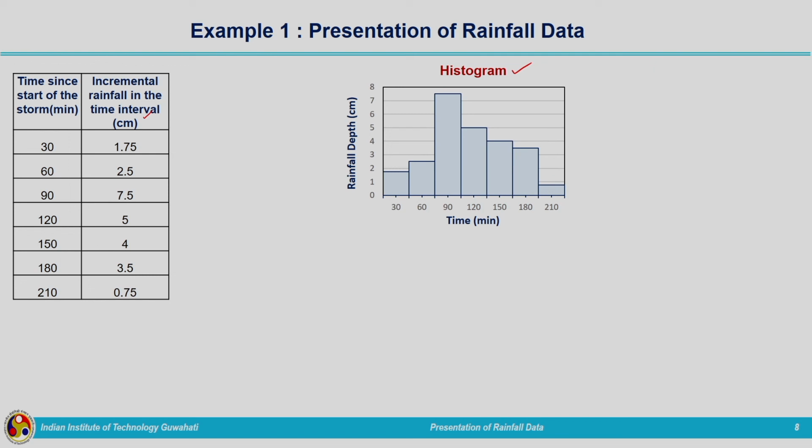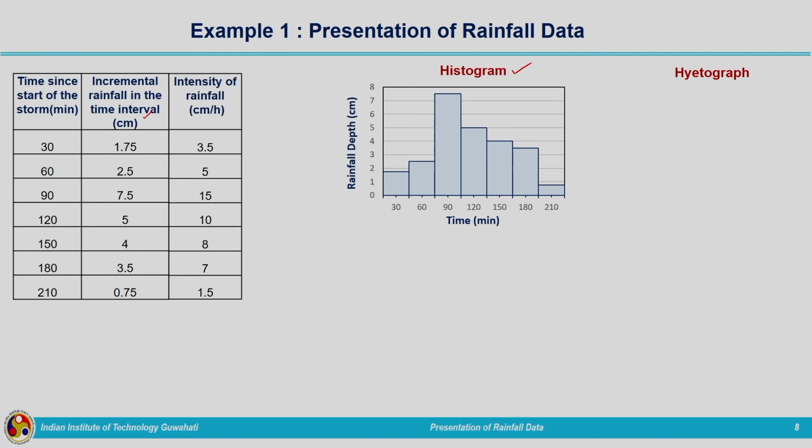Now we need to plot the hydrograph. What is a hydrograph? A hydrograph is the plot of rainfall intensity versus time. So, we need to calculate the rainfall intensity first before plotting the hydrograph. How can we calculate intensity? It is the depth of rainfall divided by the incremental time.